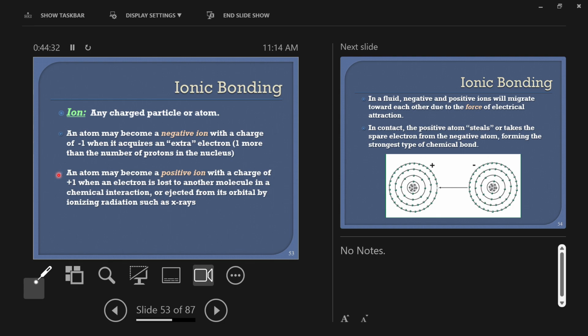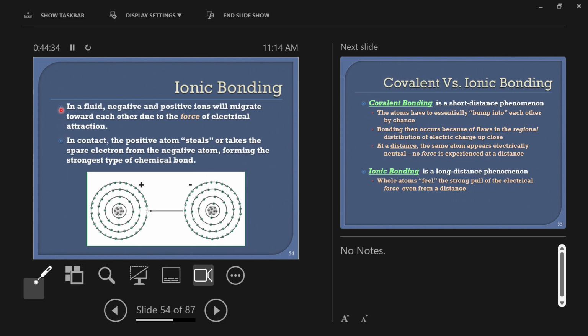In fluids, for example, negative and positive ions will move toward each other. What's a fluid? What is the definition of a fluid? Is my coffee a fluid? Is the air in this room a fluid?